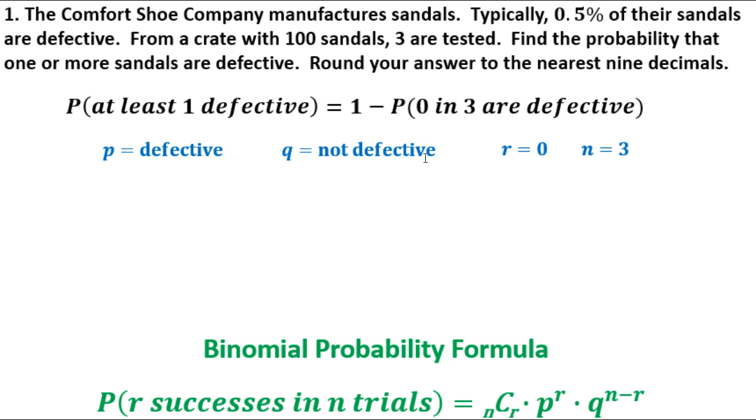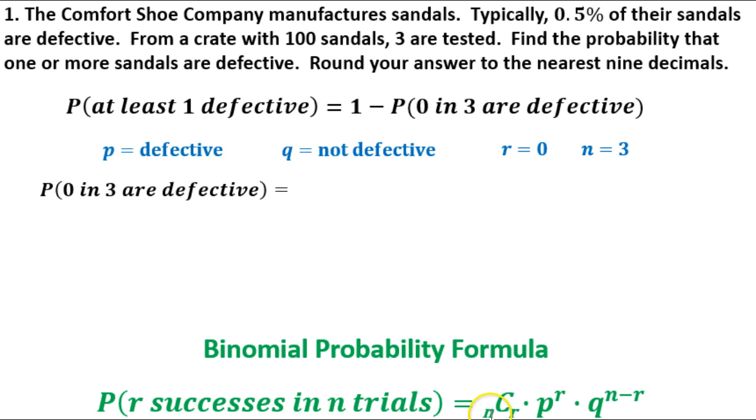N is 3, that's the number of sandals that are tested. R is our number of successes, that would be 0 because we want 0 of these to be defective. So let's bring in what we're actually trying to do here. We're trying to find the probability that 0 of those are defective.